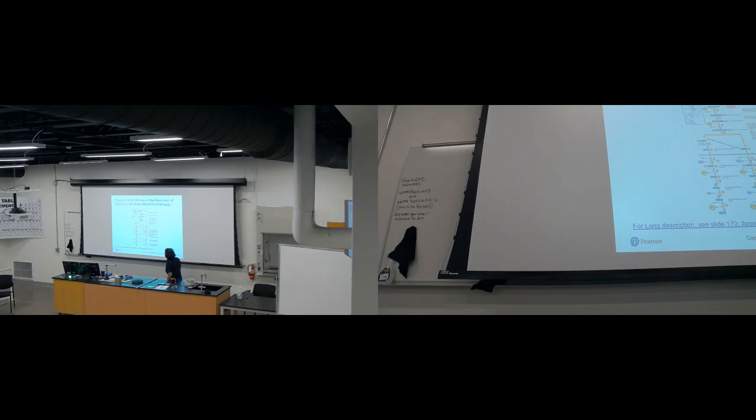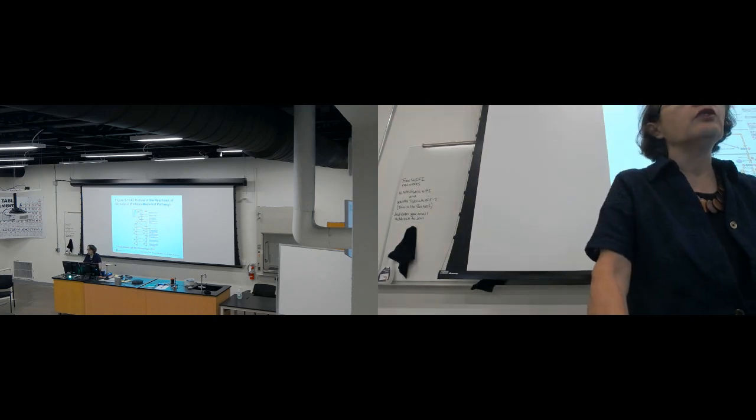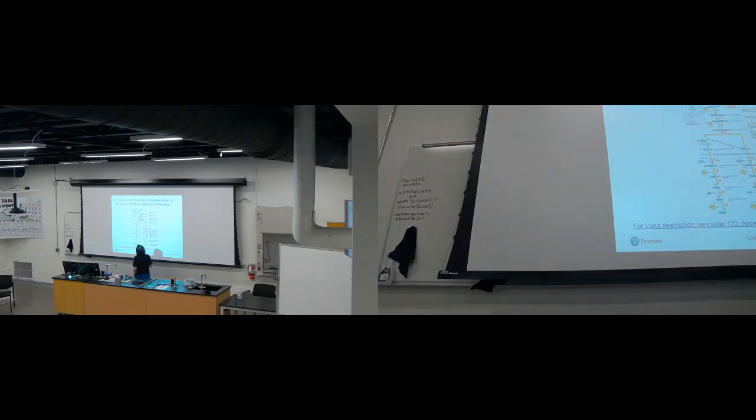So here are the initial steps. You phosphorylate your glucose. You end up with glucose 6-phosphate. And this glucose 6-phosphate is now isomerized into fructose 6-phosphate. And then fructose 6-phosphate is going to be phosphorylated, and you end up with fructose 1,6-bisphosphate.